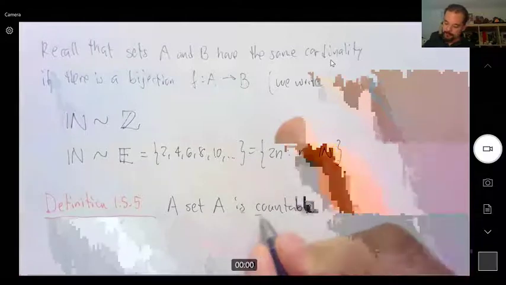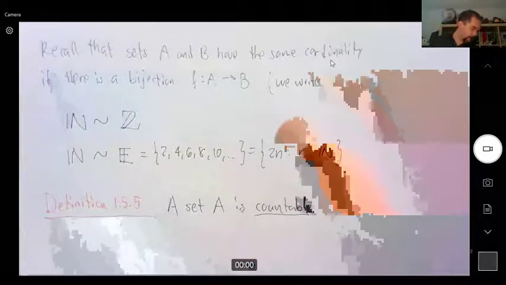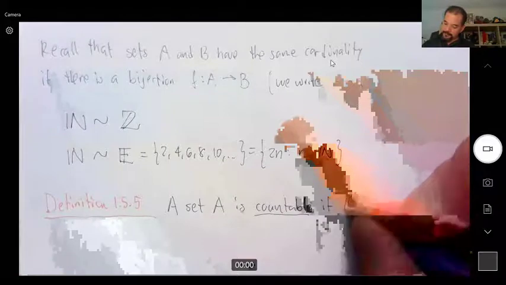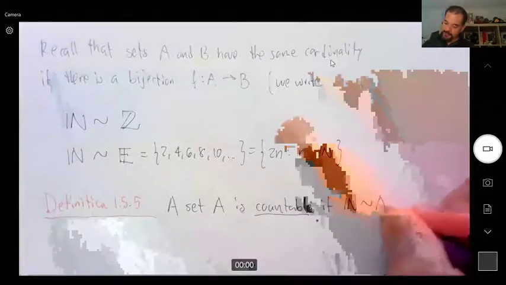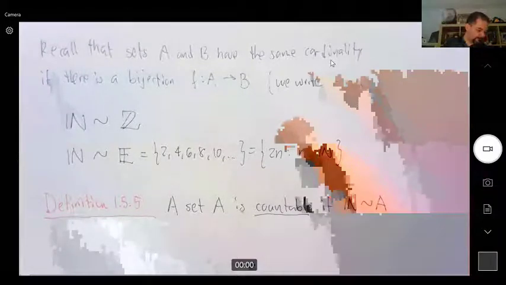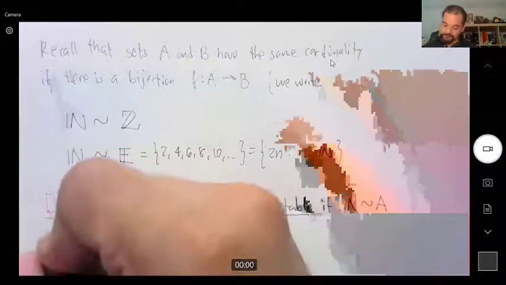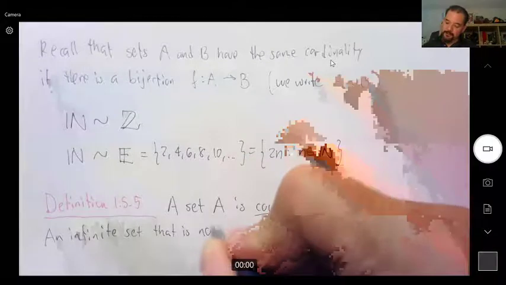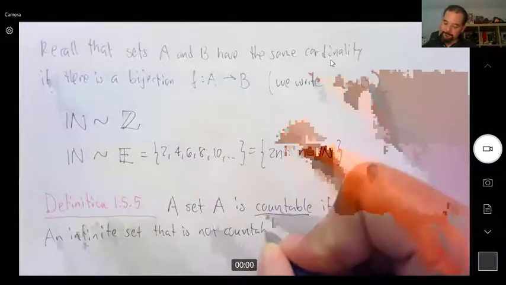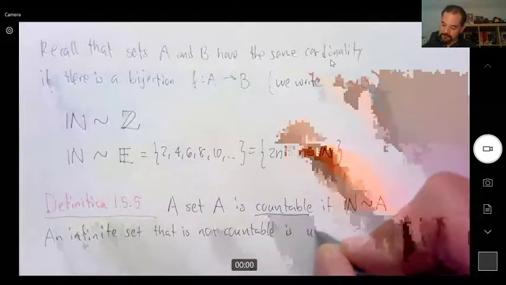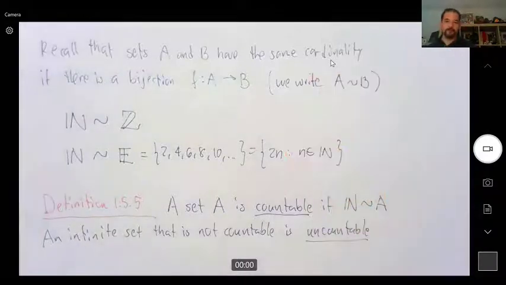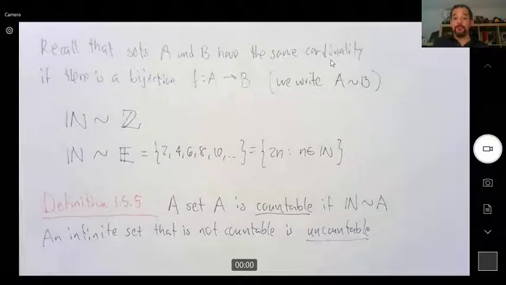That's the new word we're learning. If the natural numbers and A have the same cardinality. And if we have an infinite set that is not countable, we call it uncountable. So countable means you can put it into one-to-one correspondence with the natural numbers. And if that cannot happen, then it is uncountable.